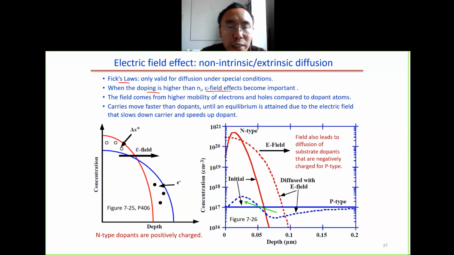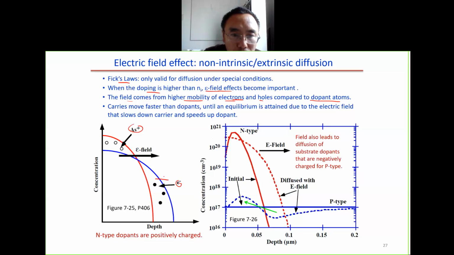The electrical field effect comes from the higher mobility of the electrons and holes. Obviously, electrons and holes can move faster than the dopant atoms, so the dopant atoms diffuse slower. For this case, we have an n-type dopant, so we have electrons.